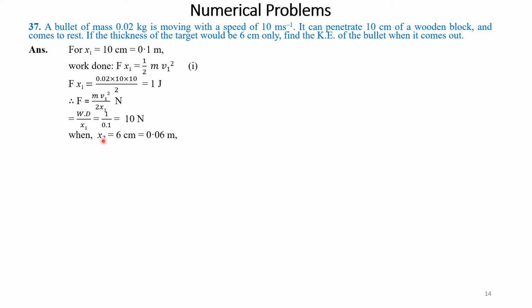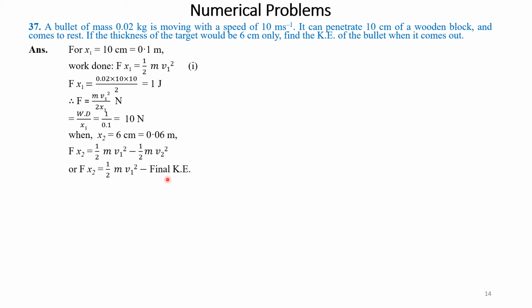In the second case, x2 is equal to 6 centimeters, that is 0.06 meters. Therefore, Fx2 is equal to half into m v1 square minus half into m v2 square. That is, Fx2 is equal to initial kinetic energy minus final kinetic energy.